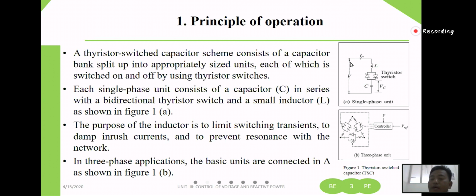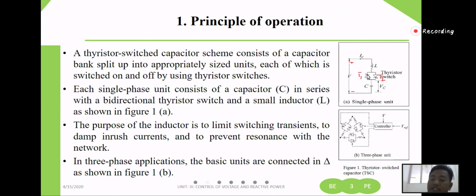During the positive half cycle, thyristor T1 is in reverse bias and T2 is in forward bias, so it will flow like this. During the negative half cycle, T1 will be in forward bias and T2 in reverse bias. This is the basic working of a TSC circuit.